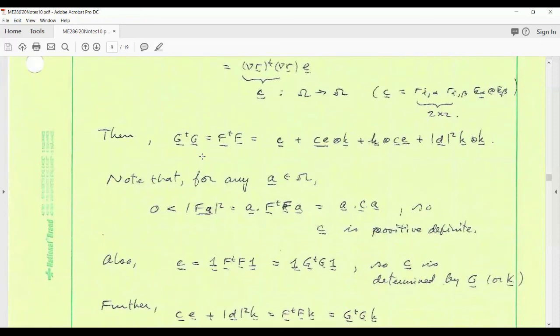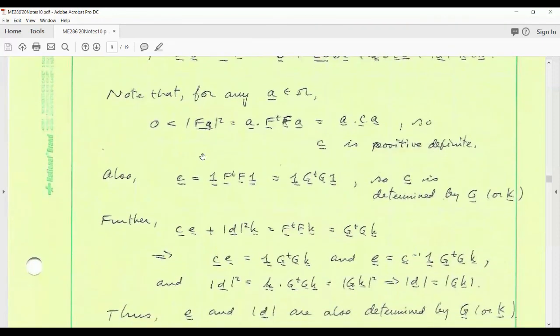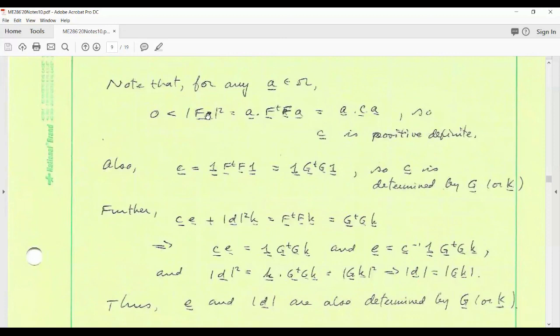Okay. Now we're out of time, so let me just finish this page and then we'll come back next time. We can assert that this small c is actually positive definite. Take any vector A in the initial midplane, 2-dimensional, then operate on it with the deformation gradient. Because F has non-zero determinant, this vector will be non-zero, so its squared norm is strictly positive.